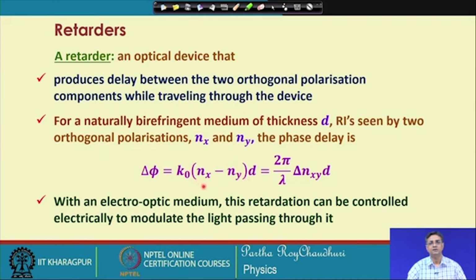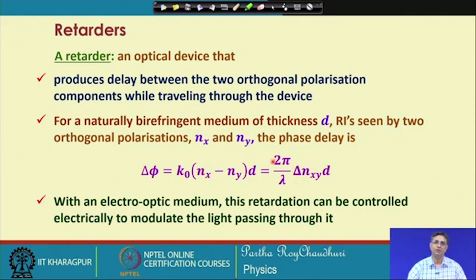This is the birefringence, and it gives the phase delay between these two orthogonally polarized lights. And before the electric field and after the electric field, there will be a change in the values of n_x and n_y. If so, then we will be able to calculate the difference n_x minus n_y or n_y minus n_x, which will be delta n_xy.